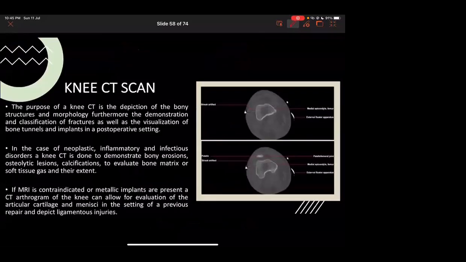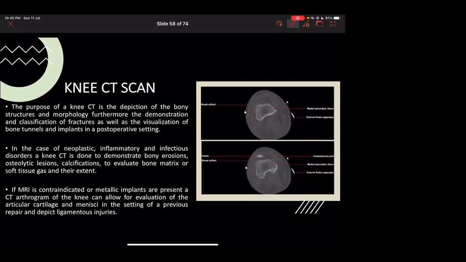Regarding knee CT scan, the purpose of a knee CT is the depiction of the bony structures and their morphology, furthermore, the demonstration and classification of fractures, as well as the visualization of the bone tunnels and implants in a post-operative setting.